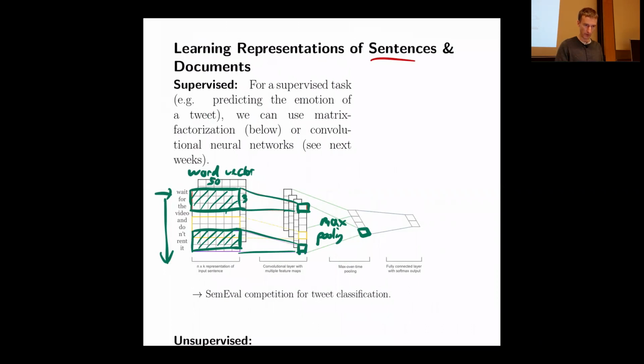So now this was a different way to learn a fixed length representation, even when the text was variable length, right? So this is just a neural architecture. This doesn't tell you how it's trained.